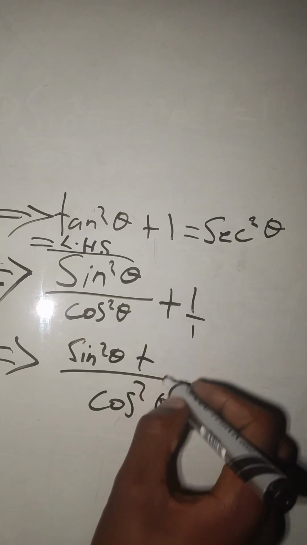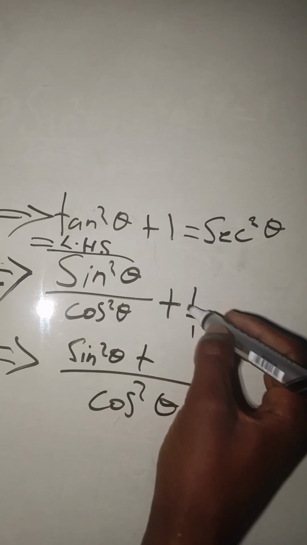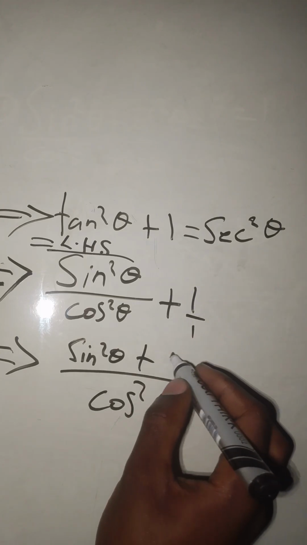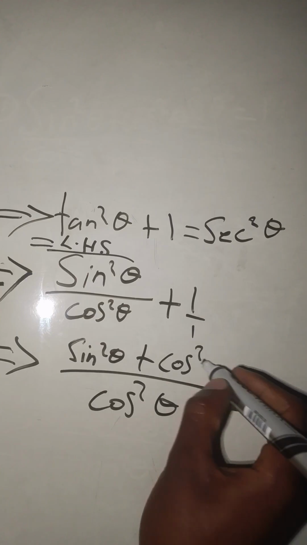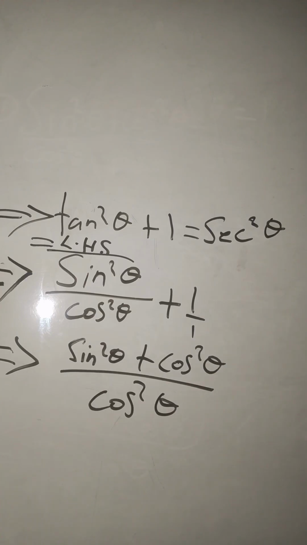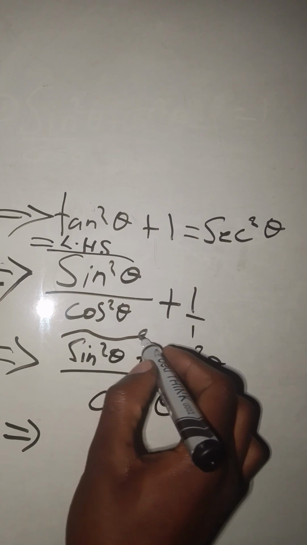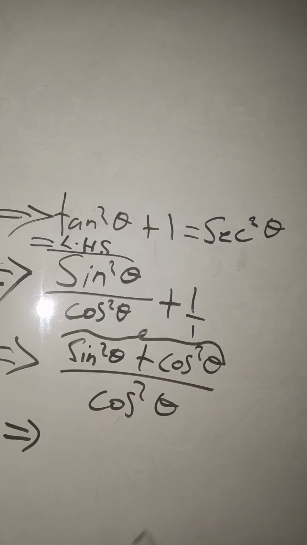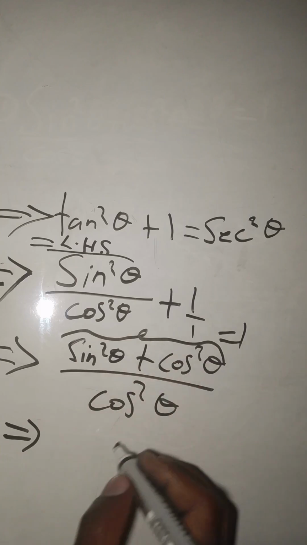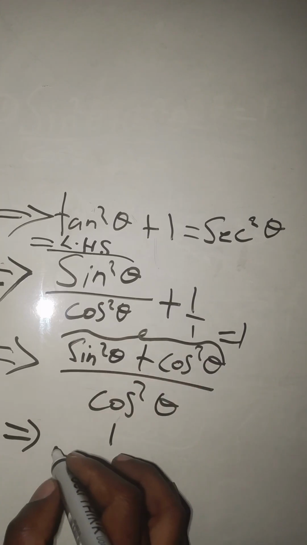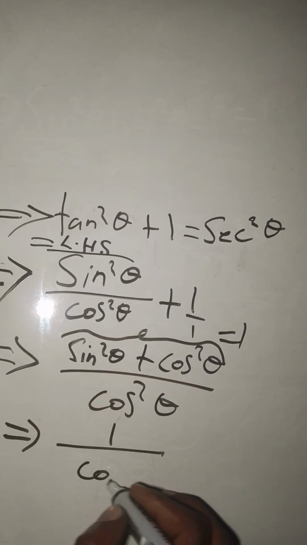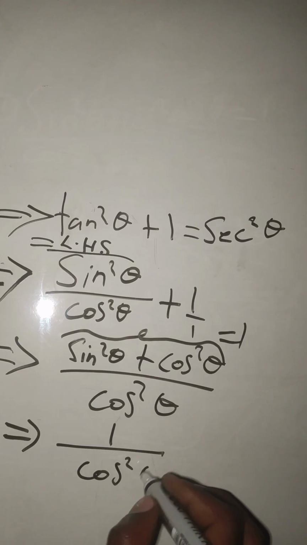Remember this guy on top here is equal to 1. So this whole thing here is replaced by 1 over our denominator, which is cos squared theta.